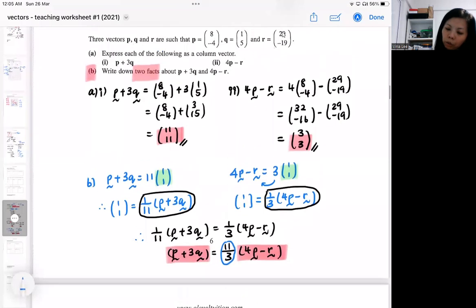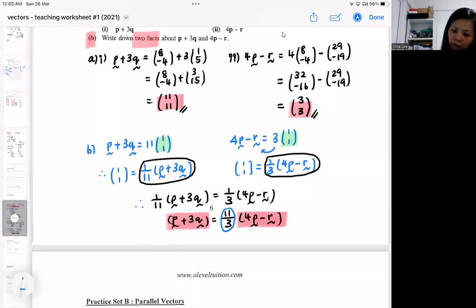So what will be the two facts? Then you can start writing. Fact number 1: P plus 3Q is parallel to 4P minus R. And it also tells me about the magnitude.